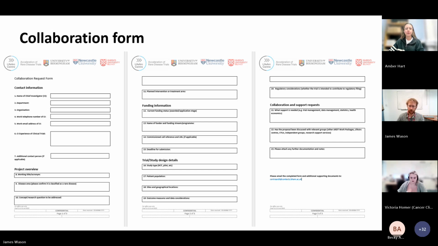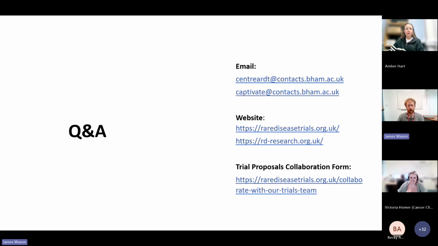And here are the contact emails. The ARDT email is this one here, but you might want to contact Captivate as well to think about potential methodology projects. And as Tori says, there's a lot of overlap between the people involved anyway, so we work very closely together.